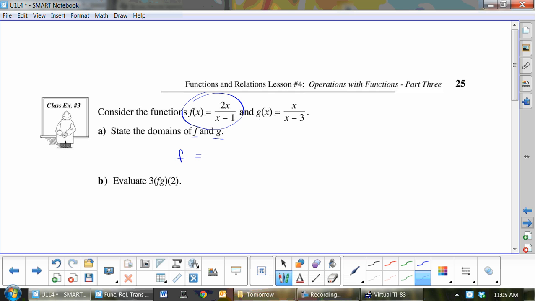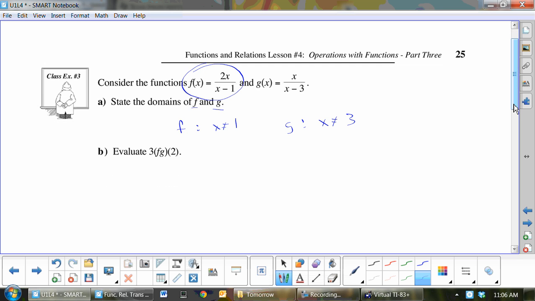Is that the reals? Any restrictions? Yeah. X cannot equal 1. And for g, let's use colon. G, x cannot equal 3. Okay? Now, hopefully we're getting good at these now.